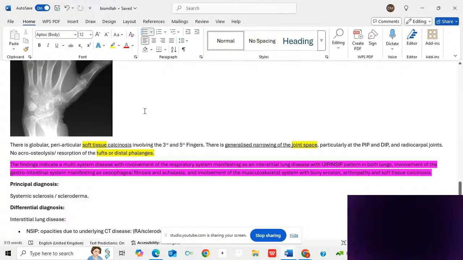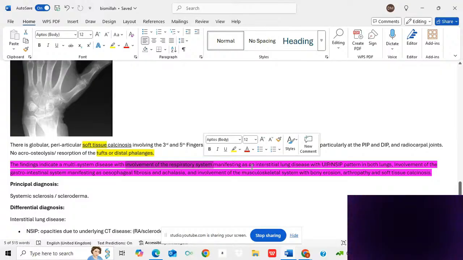So if you got a long case with multiple systemic findings of scleroderma, how to comment? You will say like this. The findings indicate a multi-system disease. First, involvement of the respiratory system, manifesting as an interstitial lung disease with either a usual interstitial or non-specific interstitial pneumonia pattern in both lungs.